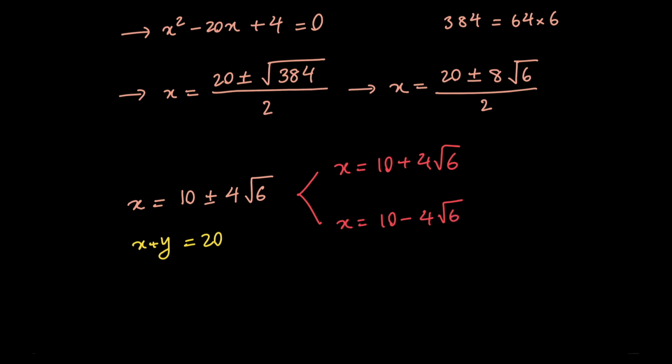So in the first case, I can say that y is 10 minus 4 times the square root of 6. And in the second case, I can say that y is 10 plus 4 times the square root of 6. Because in this way, 4 times root 6 is going to be canceled out, and 10 plus 10 is going to be 20, which is what we have over here.